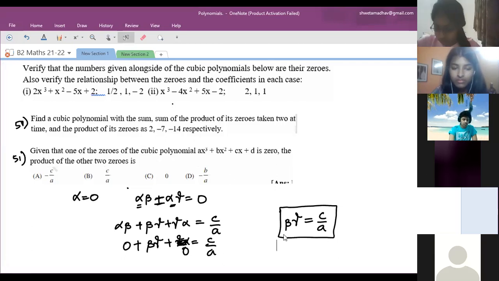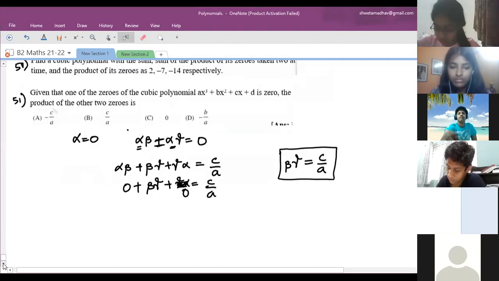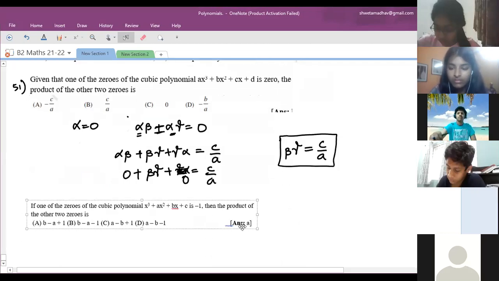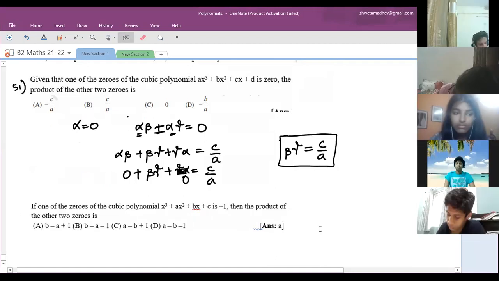Everyone understood? Yes, ma'am. Ma'am, I didn't understand. See the question, what they have given and what they have asked. I didn't understand why you wrote alpha beta plus alpha gamma is equal to 0.